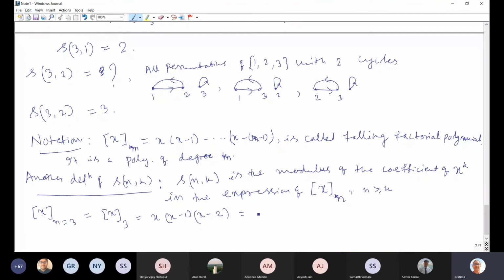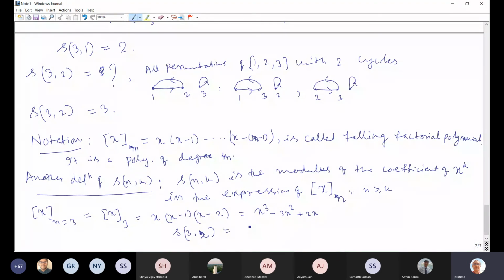If you expand this and write it as a polynomial, what do you get? x cube minus 3x square plus 2x. Now n equal to 3 and k equal to 2, so S(3,2).